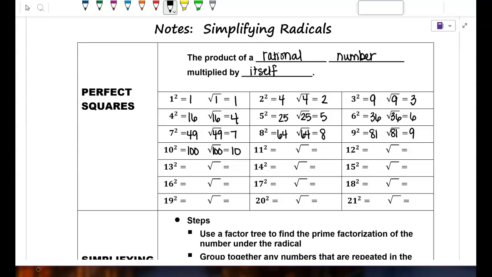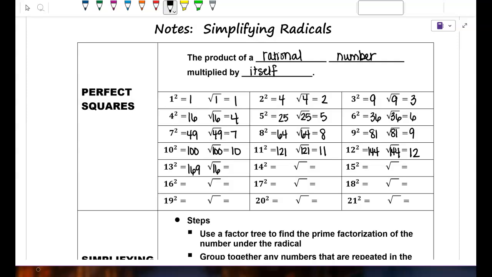Isabella, 11 squared. Square root of 121. Ariana, 12 squared. And the square root of 144. Jocelyn, 13 squared. 169.